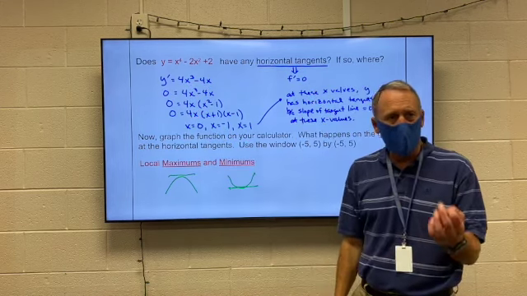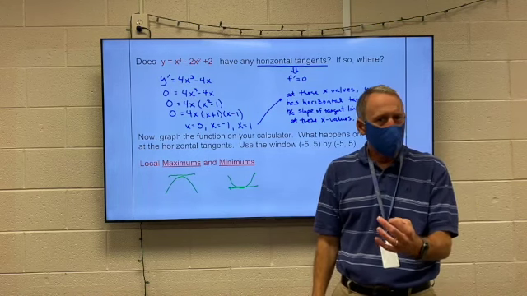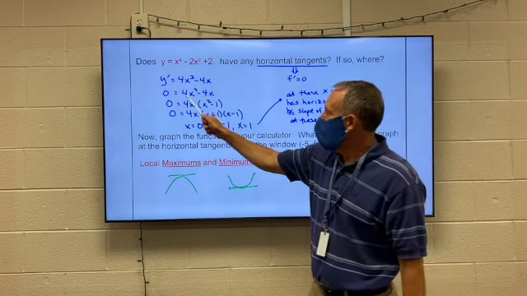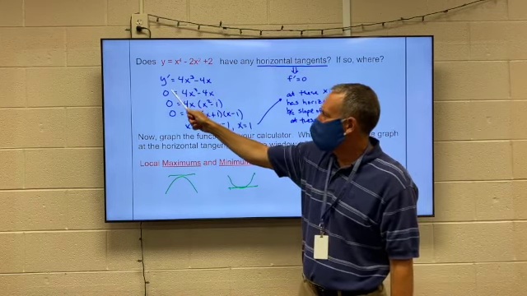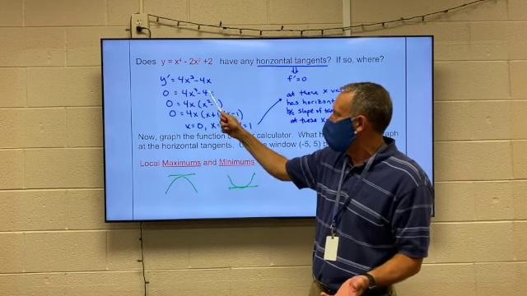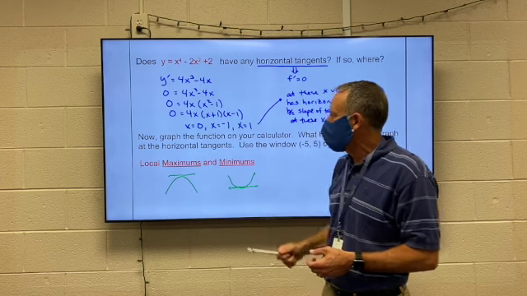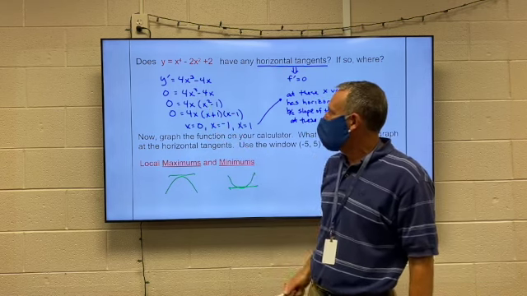Remember, the derivative tells us the slope at any point x, right? So the slope at any point x is 4x cubed minus 4x. I set that equal to 0, and I solve for x to figure out what values of x will make the derivative 0. I factor out a 4x, I'm left with x squared minus 1.